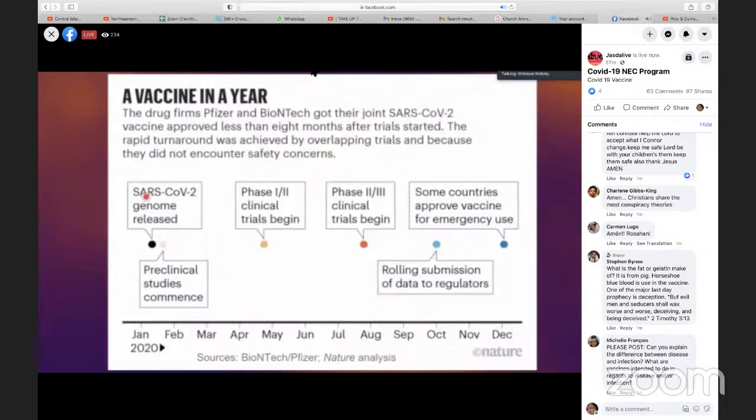You didn't have to do that with the mRNA technology because most of it was done on a computer, right? The second reason is because the technology, the mRNA technology, was literally ripe for the taking.